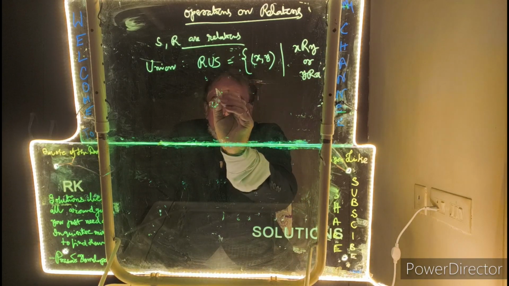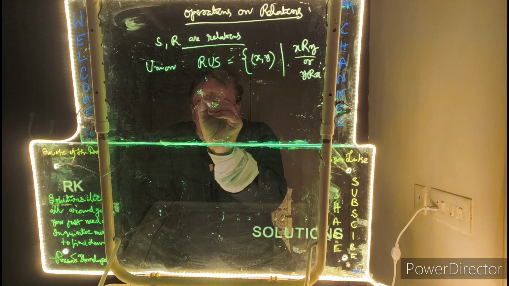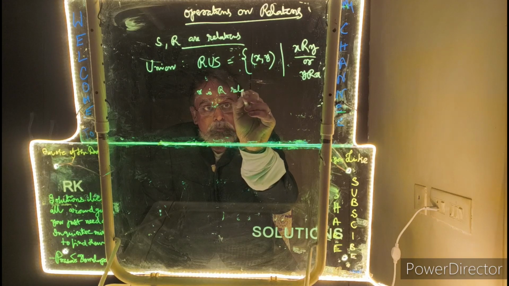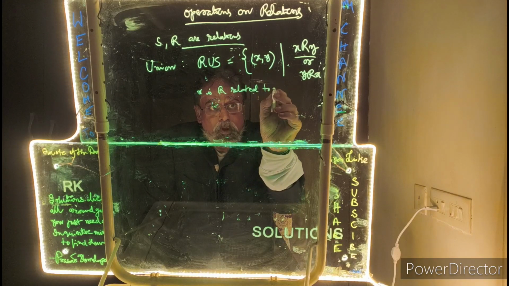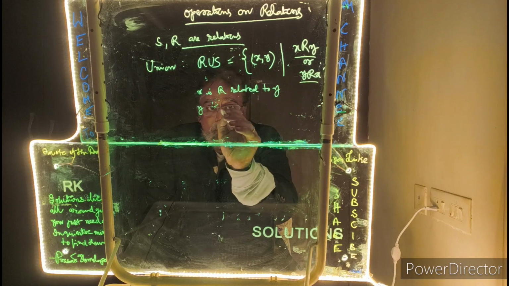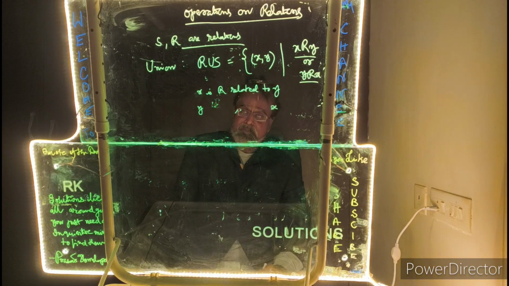Meaning, how do we read this? x is R related to y, or y is R related to x.